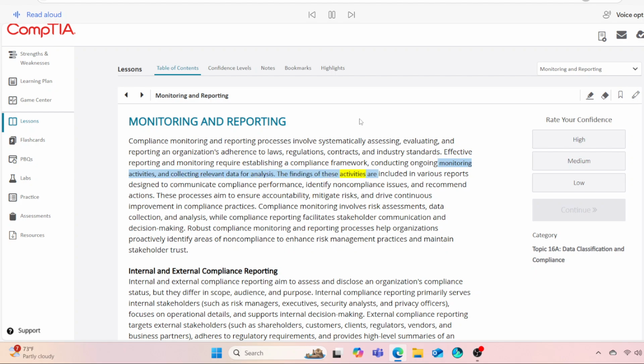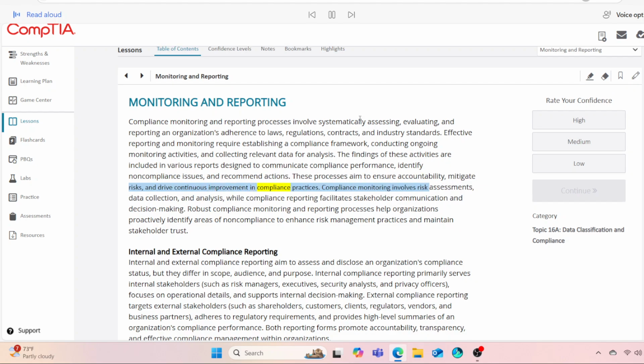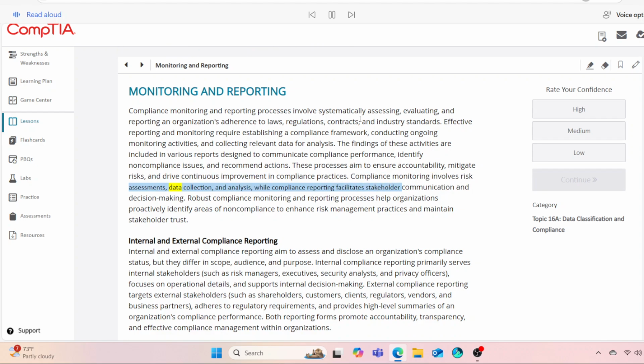The findings of these activities are included in various reports designed to communicate compliance performance, identify noncompliance issues, and recommend actions. These processes aim to ensure accountability, mitigate risks, and drive continuous improvement in compliance practices.